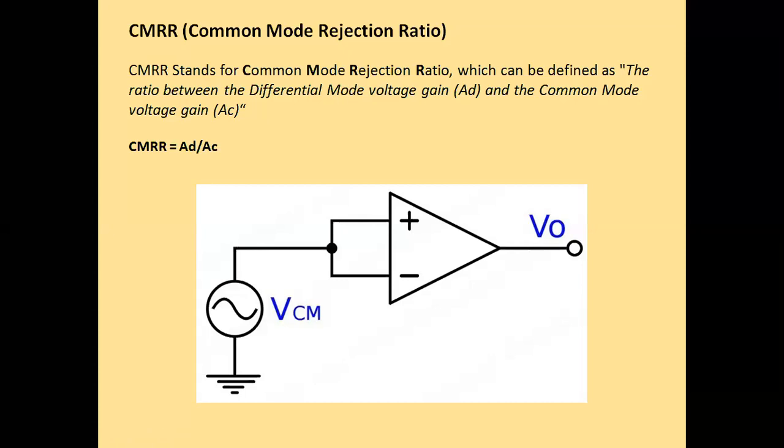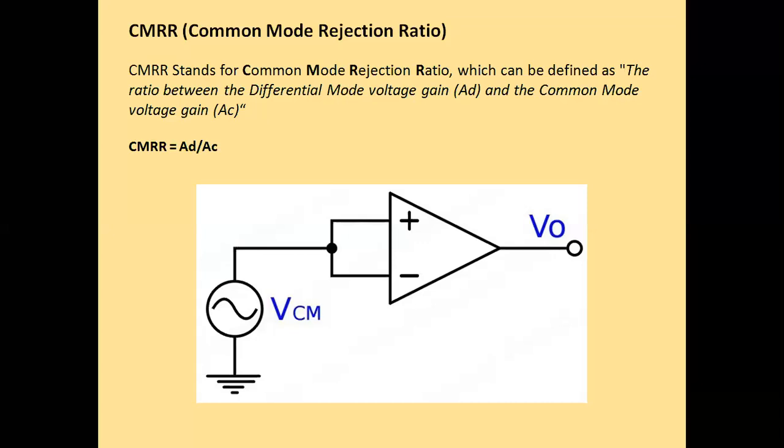So today we will discuss one of the important parameters, that is CMRR, and CMRR is nothing but common mode rejection ratio. Once again I will repeat, CMRR stands for common mode rejection ratio, and it can be defined as the ratio between the differential mode voltage gain indicated by AD and the common mode voltage gain indicated by AC.